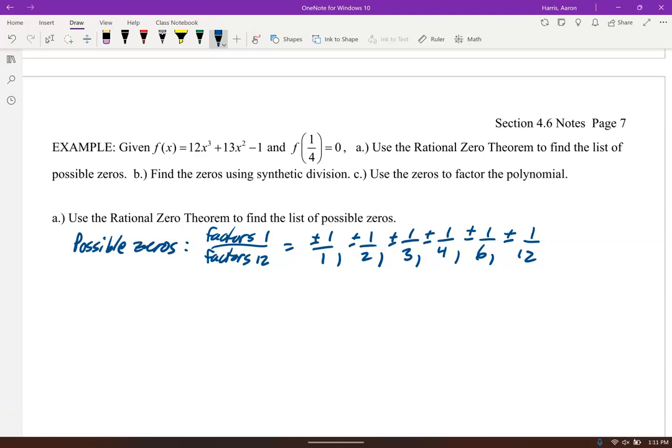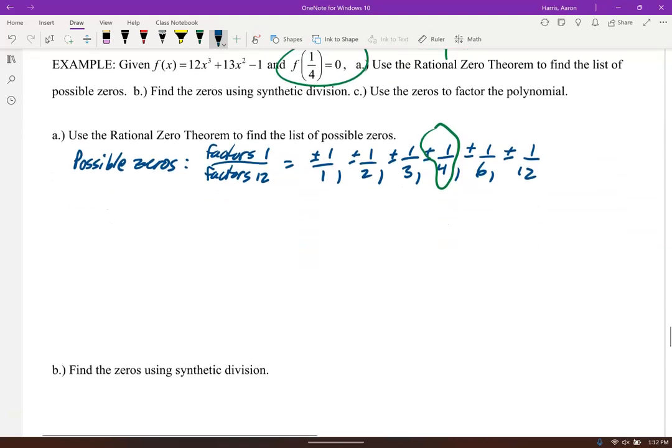Okay, so here's all our possible rational zeros. And notice they gave us f of 1/4 equals 0. So they're telling us this thing hits at 1/4, that one is a 0. They're like, hey, we're starting you on this one.